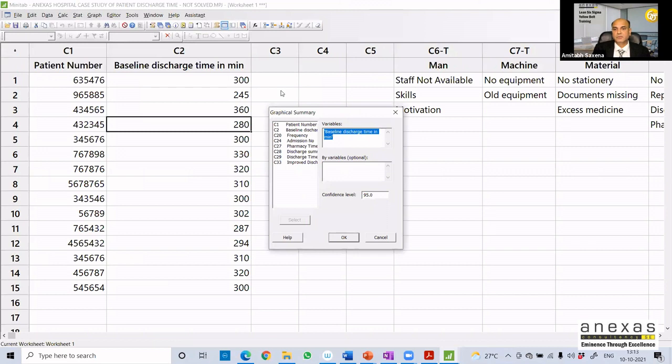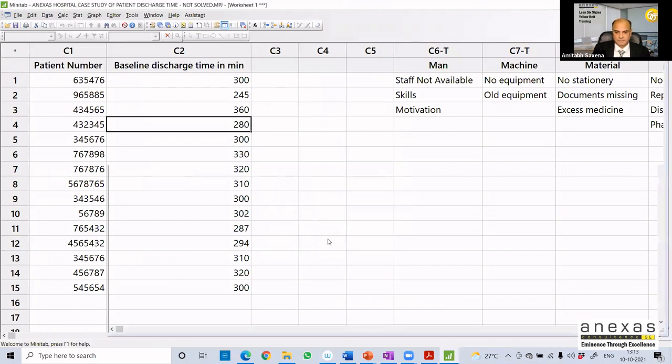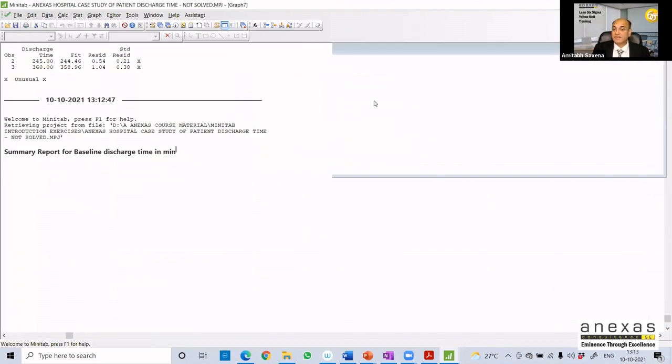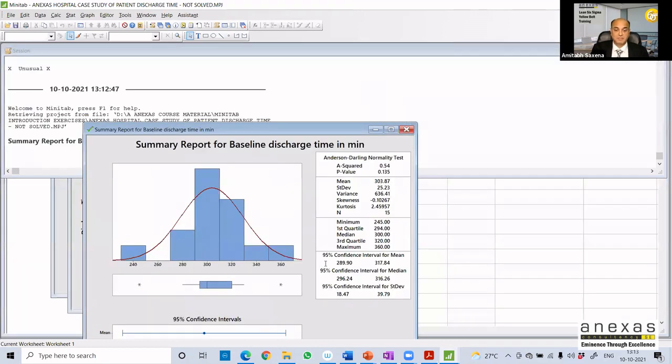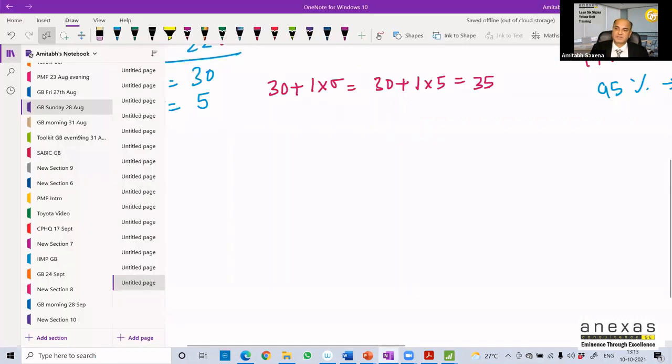And if I do this, average is 303 minutes and standard deviation is 25 minutes. So I can predict about this hospital how much time patients are going to take.